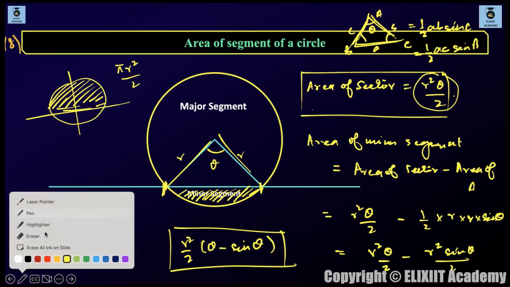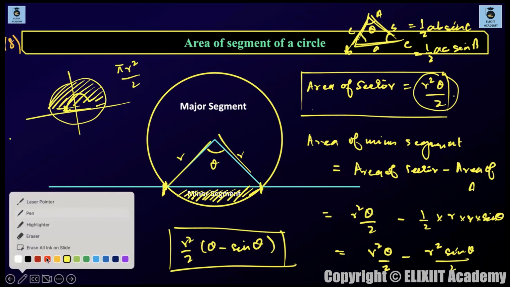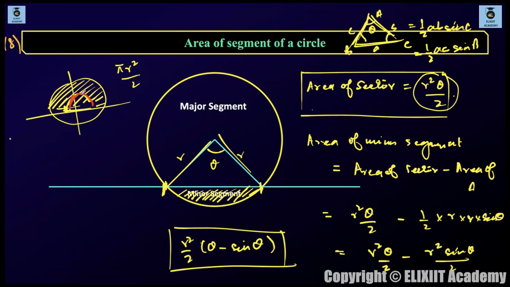You can say it's theta by 2 pi. So theta in this case is pi. This much is pi. Total angle is pi. It is pi units. Full circle is 360.